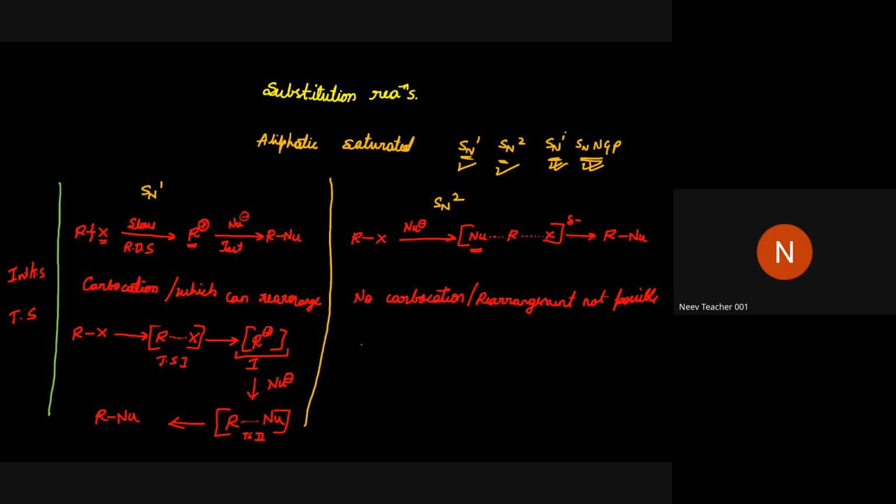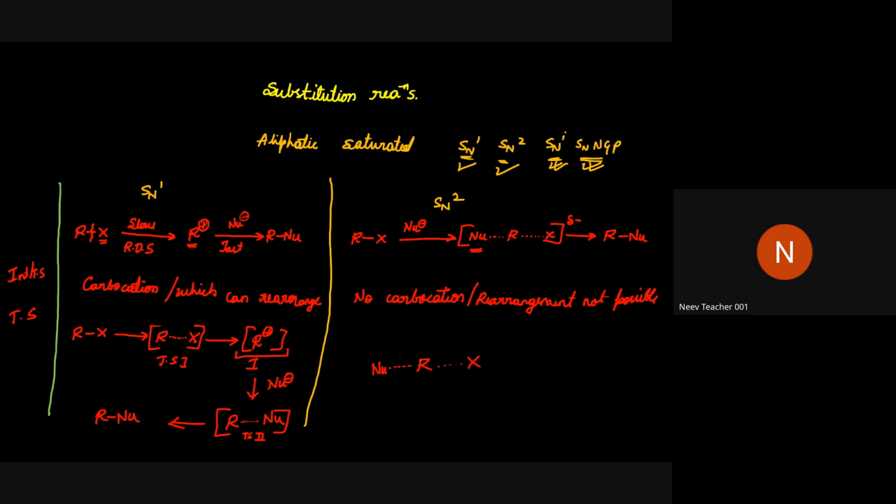In case of SN2, there is only one transition state. In that transition state, R will be attacked by the nucleophile and the leaving group will be breaking.